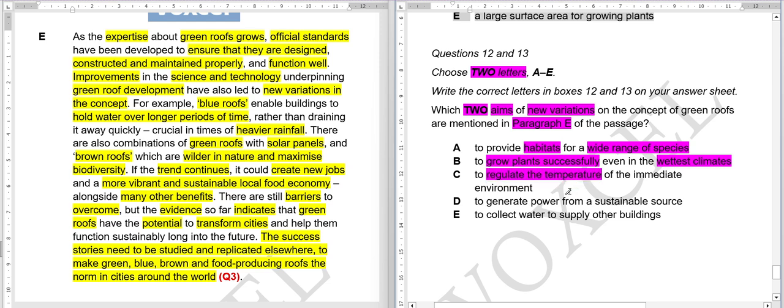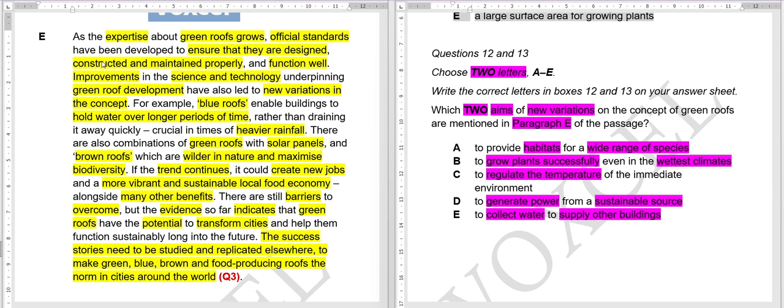If we want to regulate the temperature, then C will be our answer. D, to generate power from a sustainable source. If we want to generate power, maybe some kind of electricity, from a sustainable source, then D will be our answer. E, to collect water to supply to other buildings. And if we want to collect water to supply to other buildings, then E will be our answer.